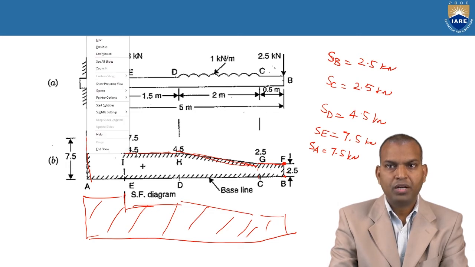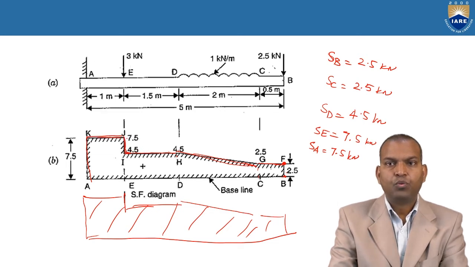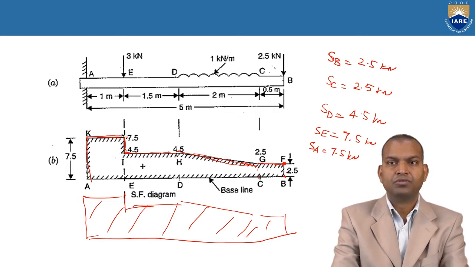But if you're just crossing point E, then what happens? It increases because of the effect of point E. At point E, again 3 kilonewtons is acting, so it increases the shear force to 7.5 kilonewtons.